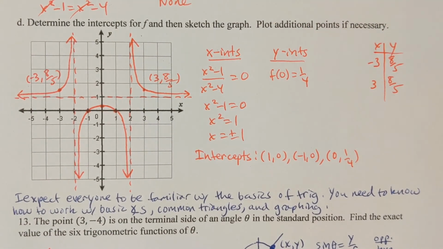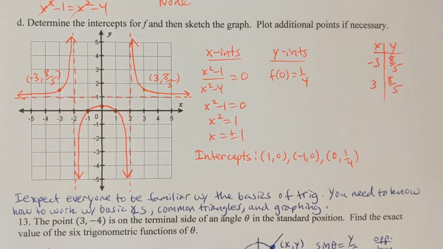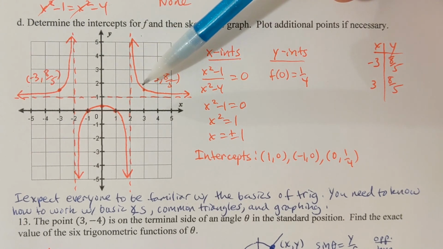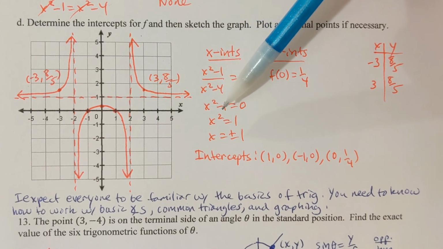Now that point being located where it's at, along with the boundaries that I've got there, pretty much tells me the rest of the graph here. Again, the graph has to flow with the boundaries. So I think the curve is going to be coming down the right vertical asymptote, on the right side of it, going to pass through that point and then approach the horizontal asymptote, but it's never going to get there.